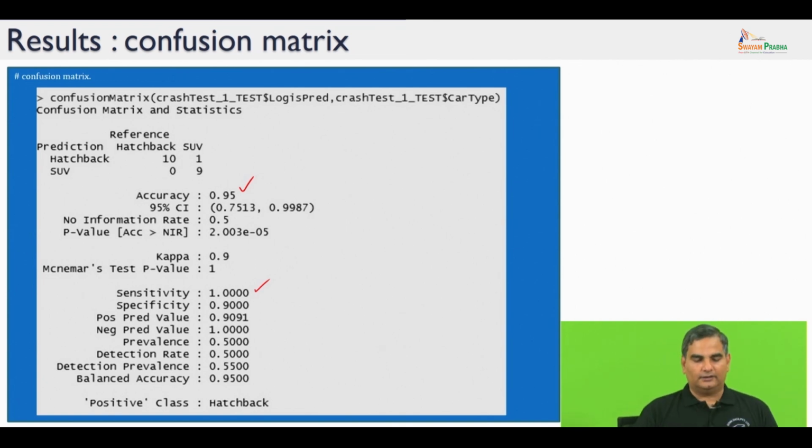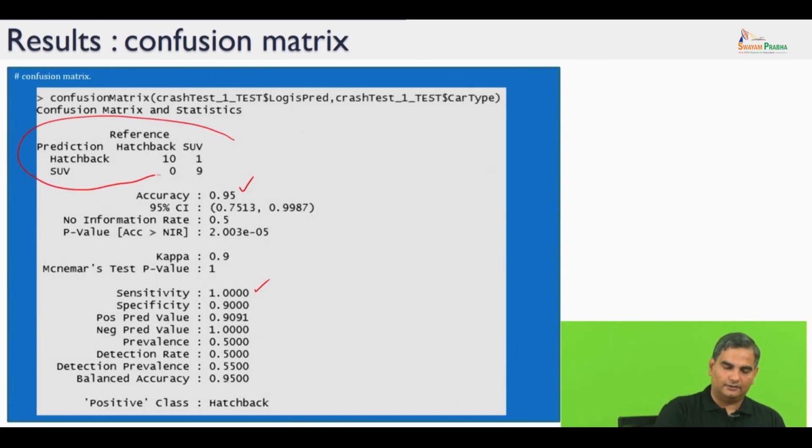So, let us look at the first thing on this slide. This is a case study which you will see later, where based on certain attributes of a car, you are trying to classify whether it is a hatchback or an SUV.